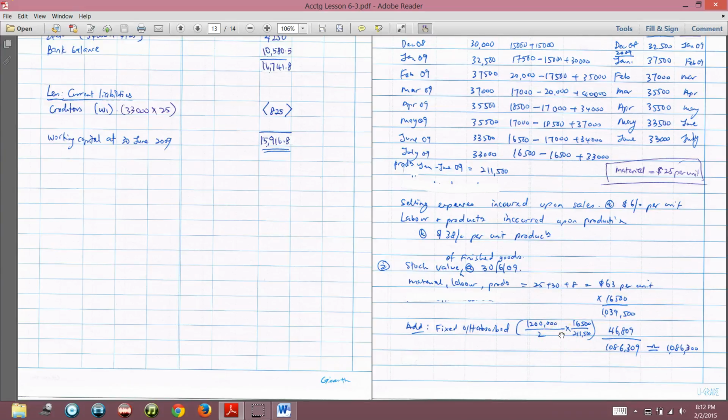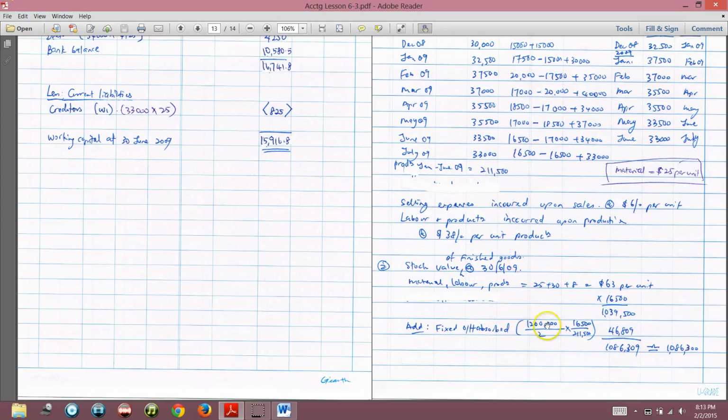The question says the fixed overhead is 1.2 million a year. Now the production budget for the 6 months is 211,500. This 211,500 is for January to June, meaning half year.